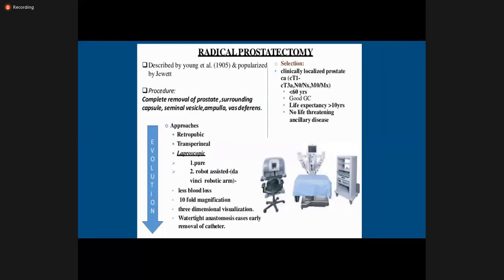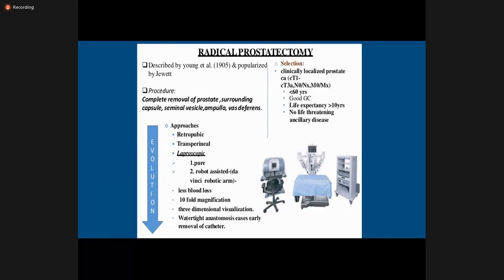So there are so many options for treatment. Number one is radical prostatectomy. We usually do radical prostatectomy in the localized cancers and in the locally advanced cancers, in the low risk group or intermediate risk group.